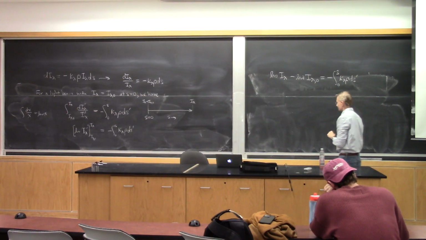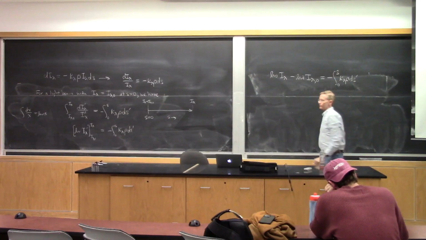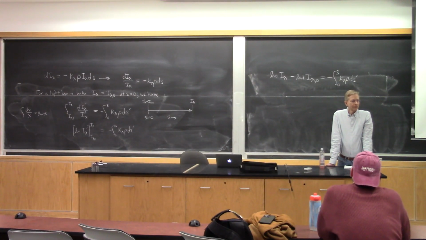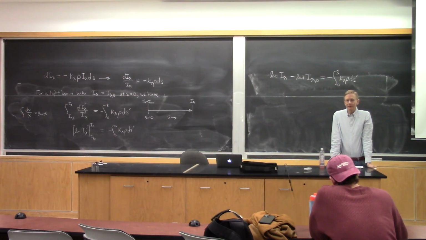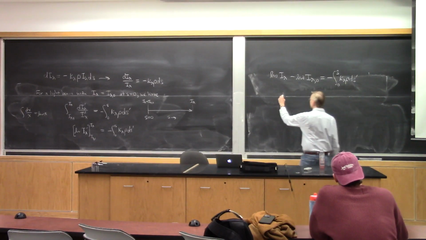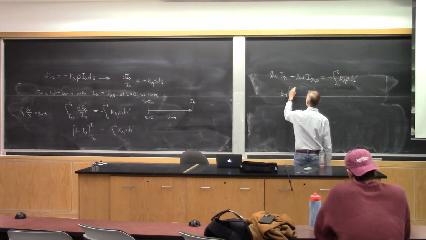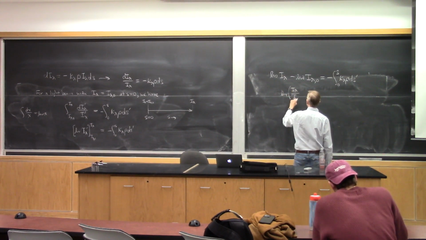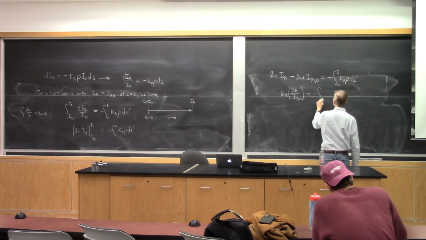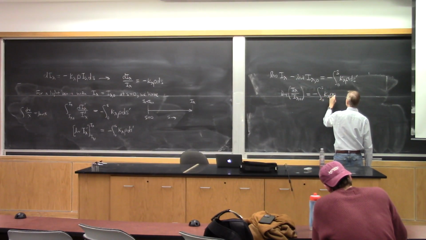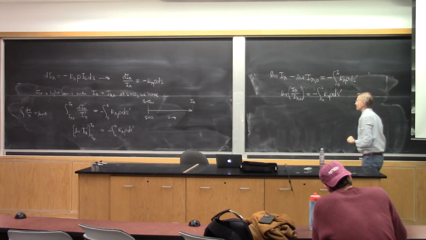How can I rewrite natural log of I lambda minus natural log of I lambda naught? The difference is equal to the log of the ratio. So this is the natural logarithm of I lambda over I lambda naught is equal to, it's still that integral, minus the integral from 0 to s of kappa lambda rho ds prime.